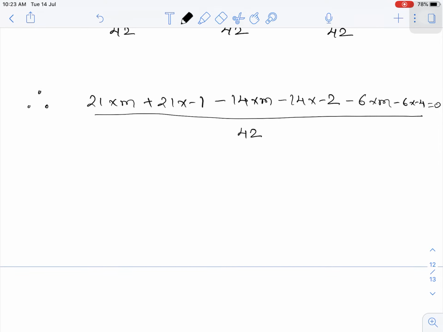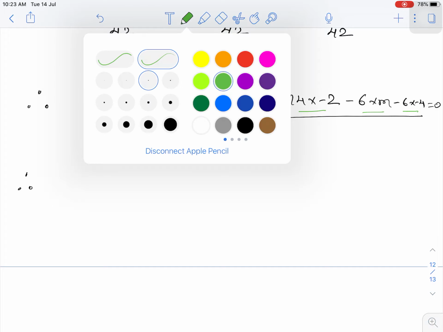So now on next step, therefore now we have to multiply one by one. So before that I am making the pairs. Now it will be easy for us to understand.